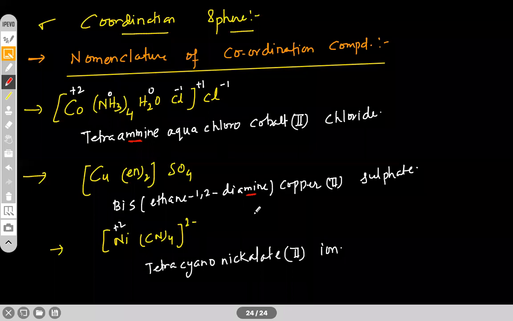If the complex part is positive ions and neutrals, then there's no special ending. We'll write down the name as it is. But when the complex is negative ions, we'll write down the ate suffix like I have written here, nickelate. Other examples also I have shown you. It is the ate suffix we have added.